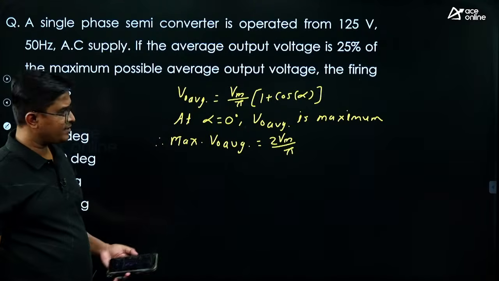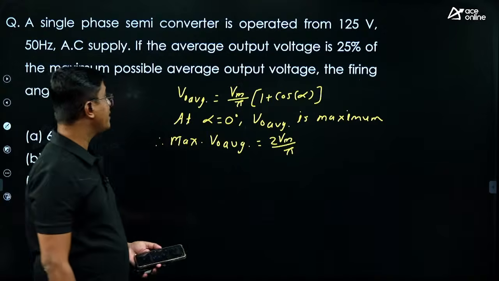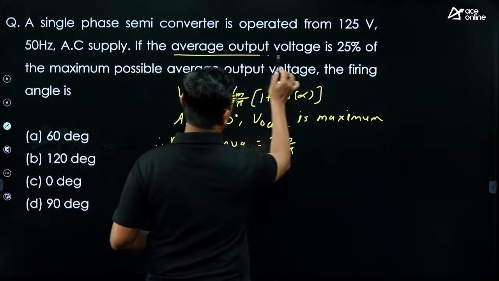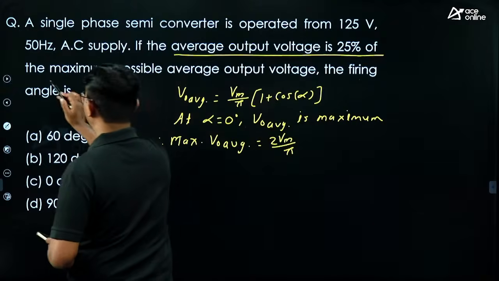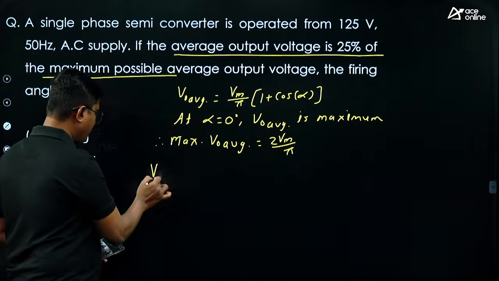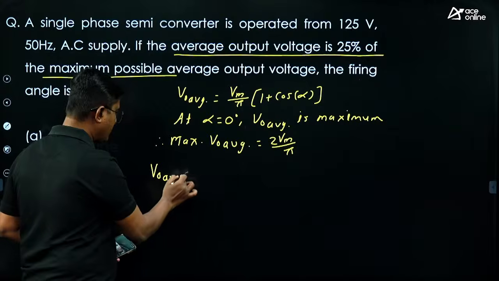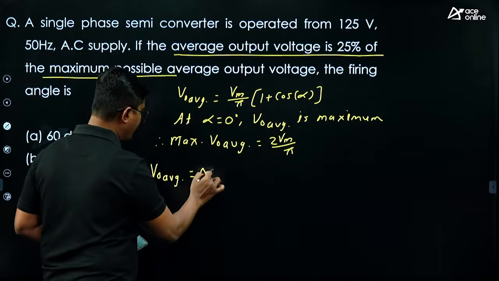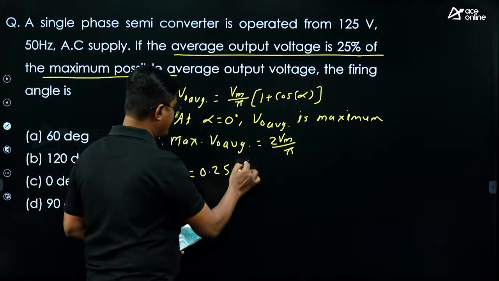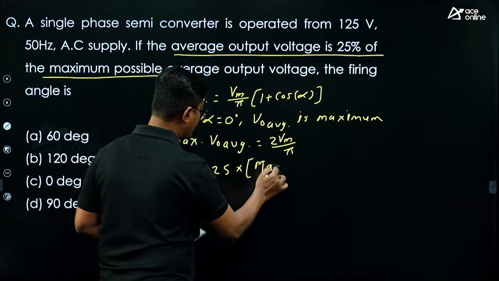Maximum value of V0 average is 2 Vm by pi. But now our task is to find the alpha value if the average output voltage is 25% of the maximum output voltage. That means V0 average is equal to 0.25 into maximum V0 average. Then what is alpha?